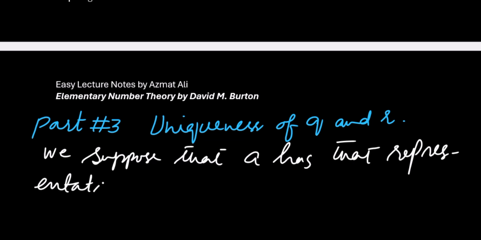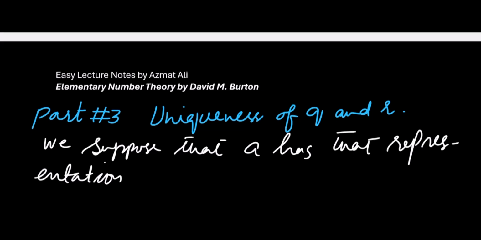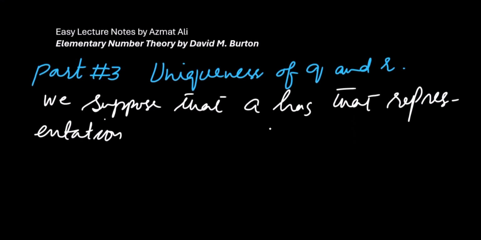Otherwise, you can write it as: suppose that there are two values of Q, Q1 and Q2, and there are two remainders corresponding to the same value of A. So we suppose that A has two representations of the desired form.